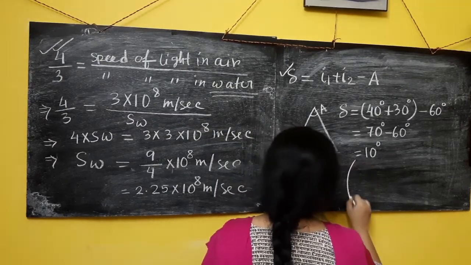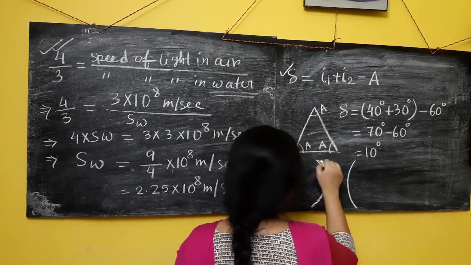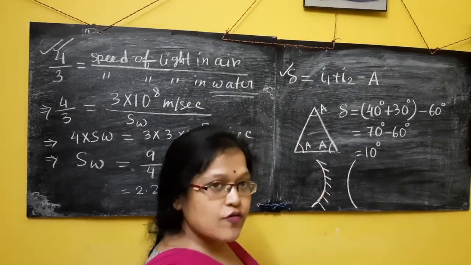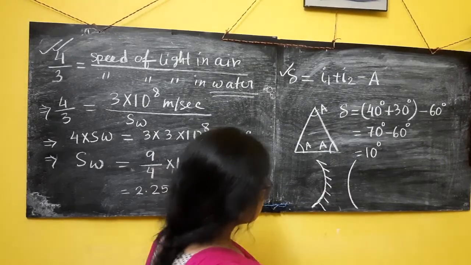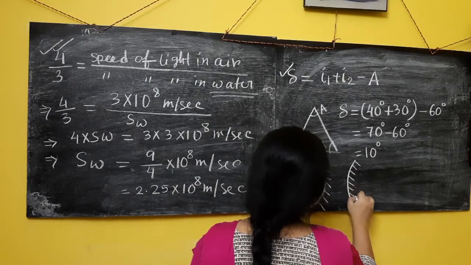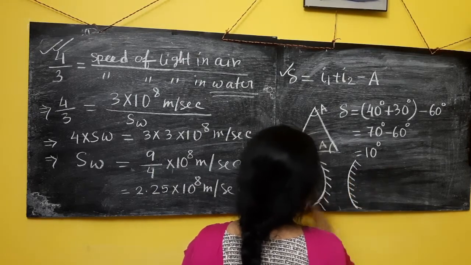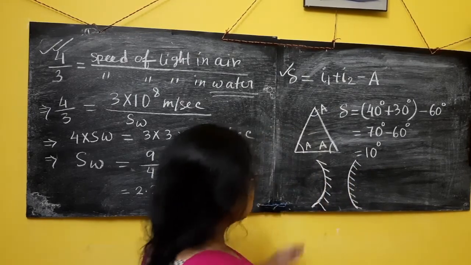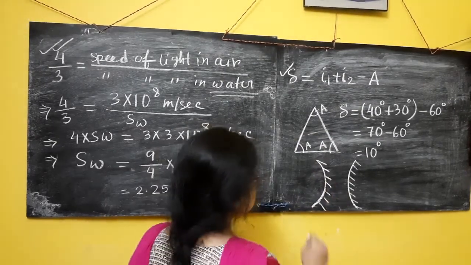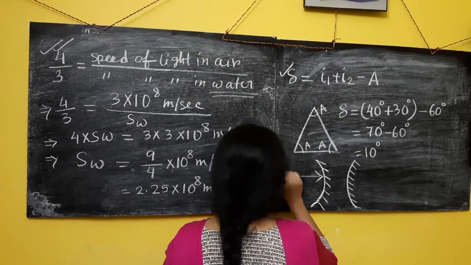Like this, if this is a concave mirror, its reflecting surface will be like this. This is the structure of a concave mirror. What is the structure of a convex mirror? This is the convex mirror, whose reflecting surface is on the outside bulging one, and here the reflecting surface is on the inside. So this is the concave mirror, remember?